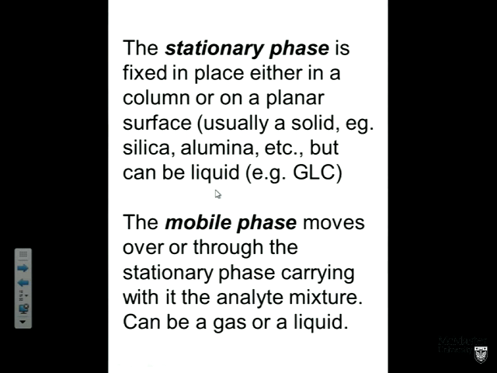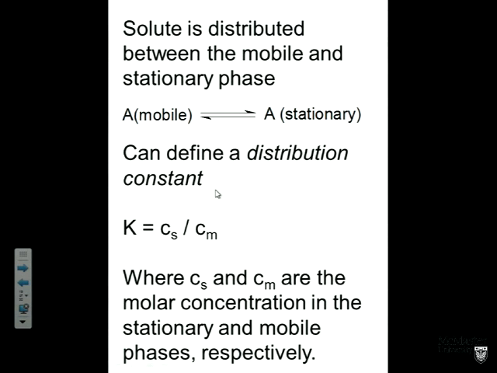So the mobile phase moves over or through the stationary phase, carrying with it the analyte mixture, and the mobile phase can, of course, be a gas or a liquid. So in gas-liquid chromatography, the mobile phase is a gas, and the stationary phase is a liquid. But in other forms of chromatography, silica or alumina, where the stationary phase is a solid, then the mobile phase will be a liquid, a solvent, usually from our list of solvents.